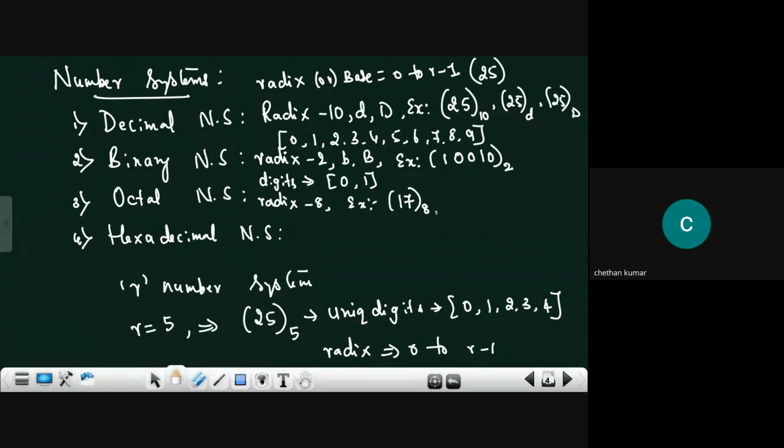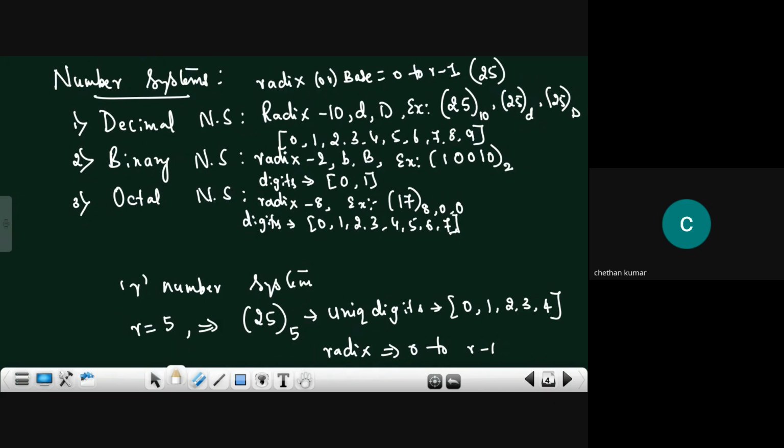Or you can write a small o or a capital O. So what are the digits of this? The digits are 0, 1, 2, 3, 4, 5, 6, 7.